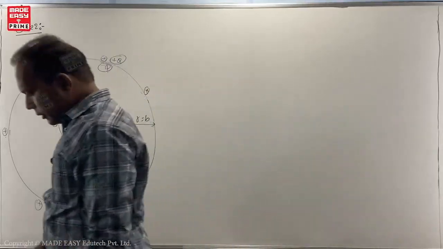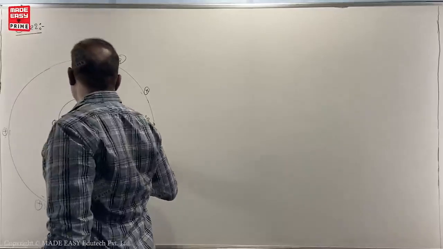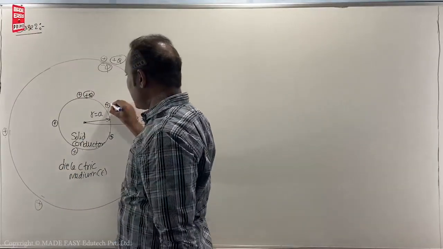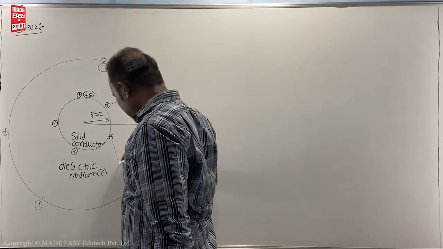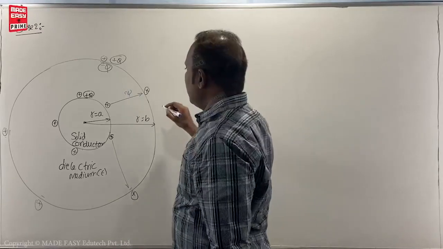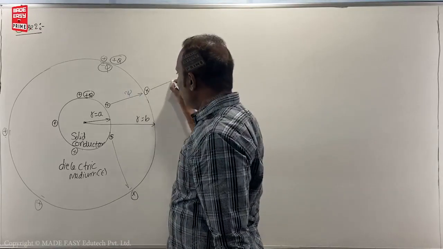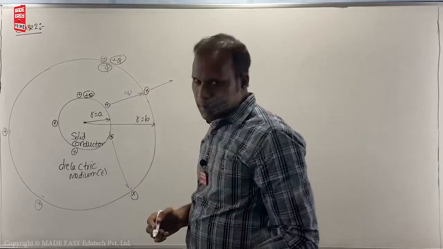Now, in this question, electric flux lines start on positive charge and end on negative charge. Similarly here, they start and keep going away until they find a negative charge.